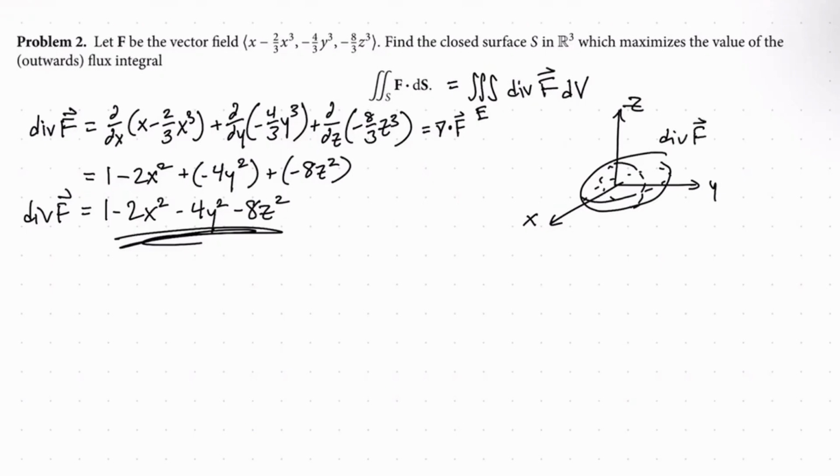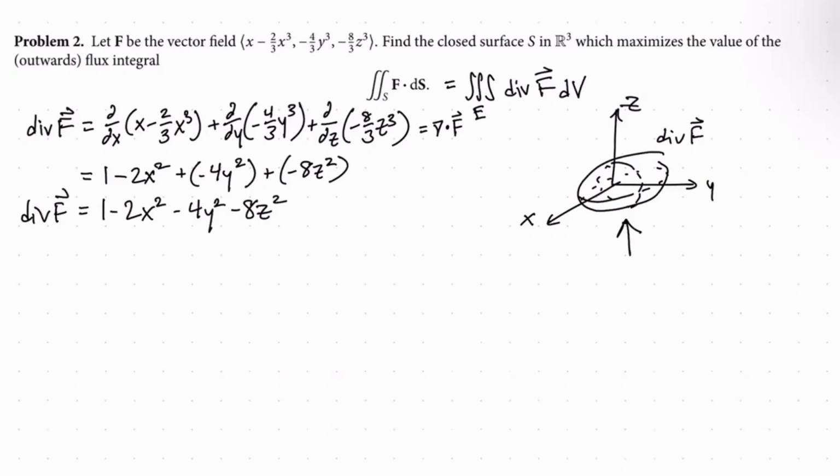And to get the maximum integral value over this divergence, we want to integrate over this surface. So since we want whatever we're integrating over to try and match div F as closely as possible to get all of the div F that we can, we want E, our solid, to be this shape and all the volume inside it.